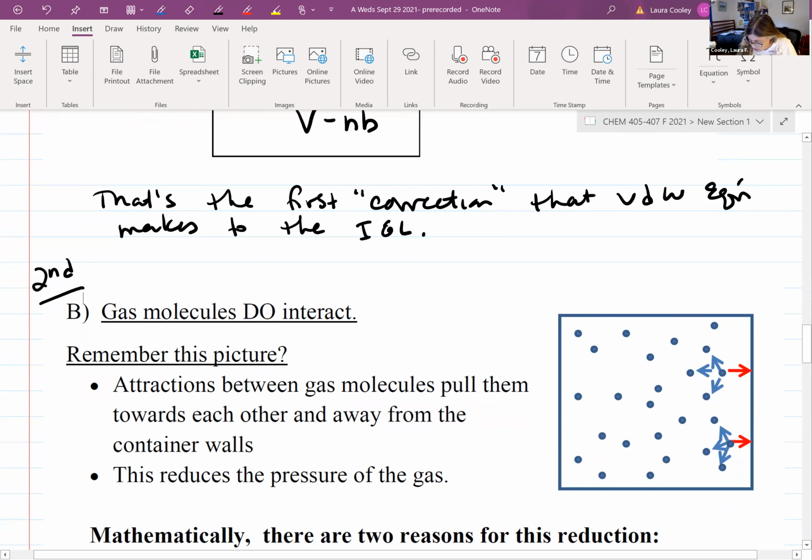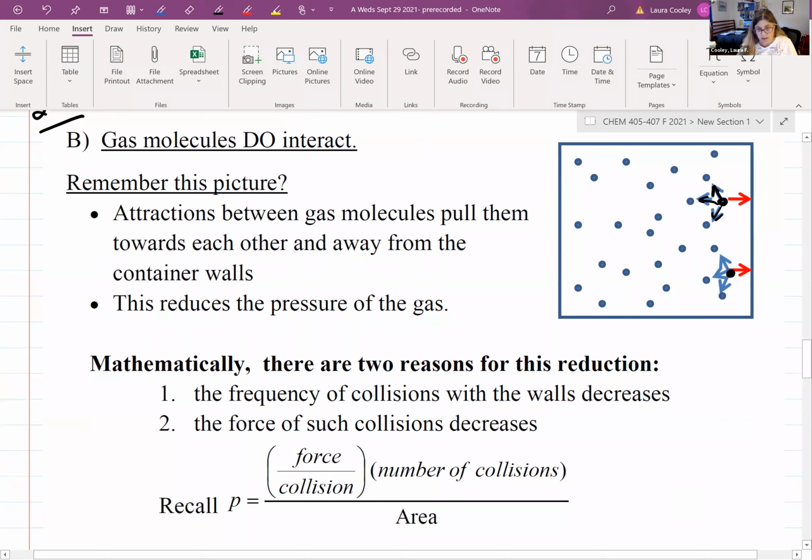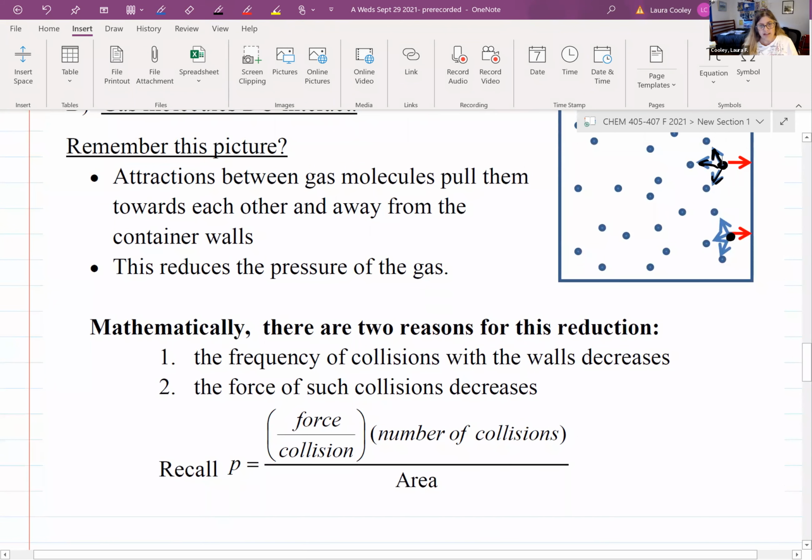This molecule here is about to strike the wall, but it is pulled away by attractions to its neighbors. And that is what decreases the pressure to be lower than what the ideal gas law would predict. So attractions between gas molecules pull them towards each other and away from the container walls, and that reduces the pressure of the gas.